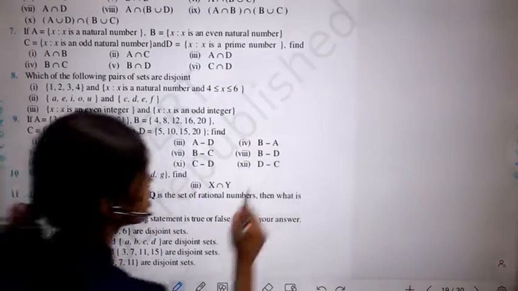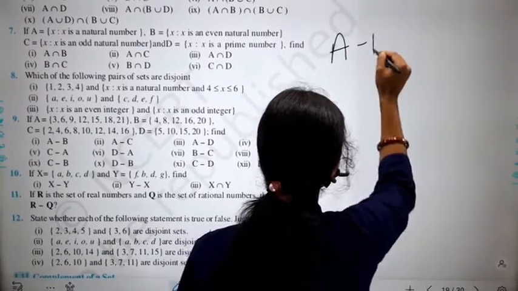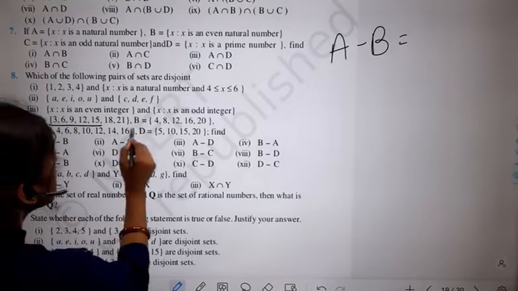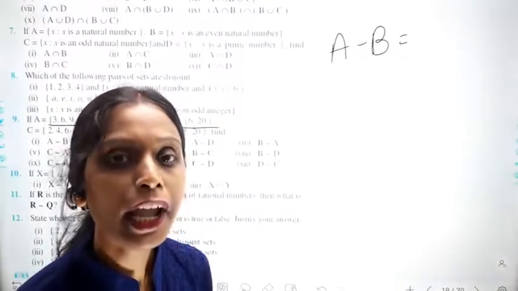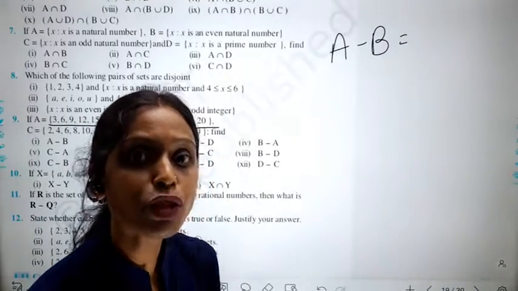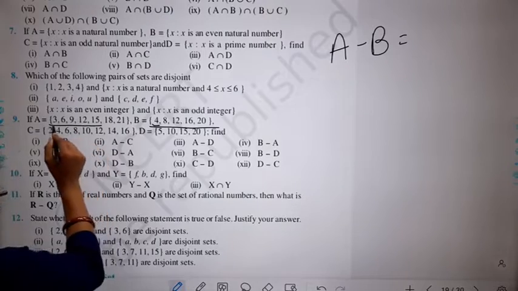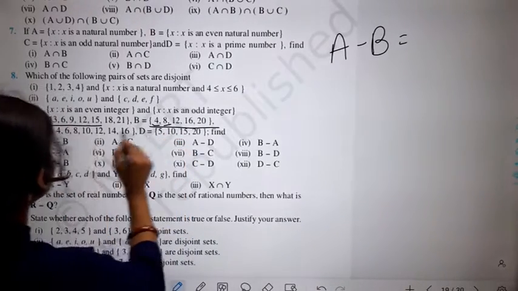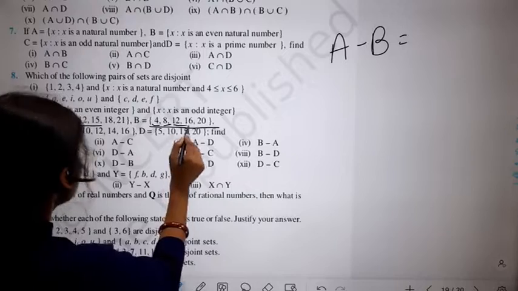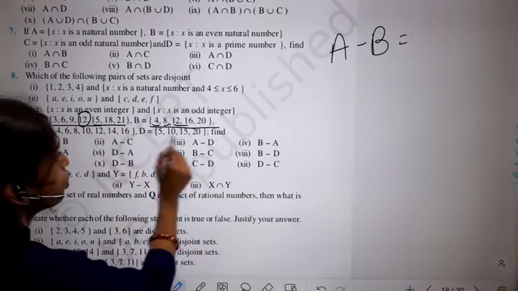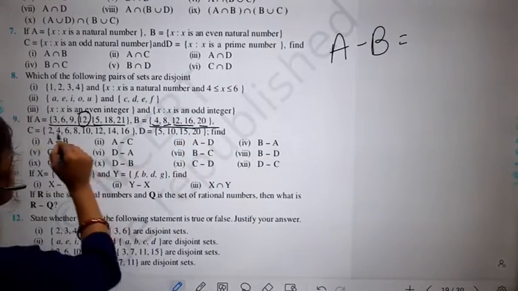First, I have to consider A minus B. A minus B means I have to subtract B from A. So 4 is here, no. 8 is here, no. 12 is here, yes. 16 is here, no. 20 is here, no.